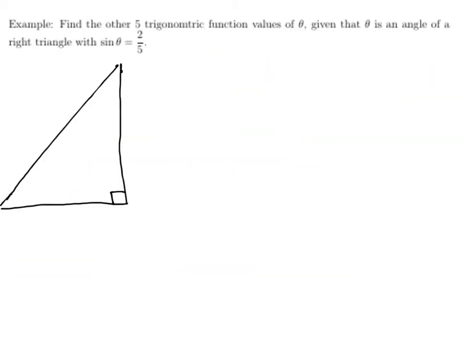In this example, we are asked to find the 5 other trig function values for theta, given that theta is an angle of a right triangle and sine theta is equal to 2/5. So we can put theta down here. I could have just as easily put theta up here. It doesn't matter as long as it's one of the acute angles for the triangle.